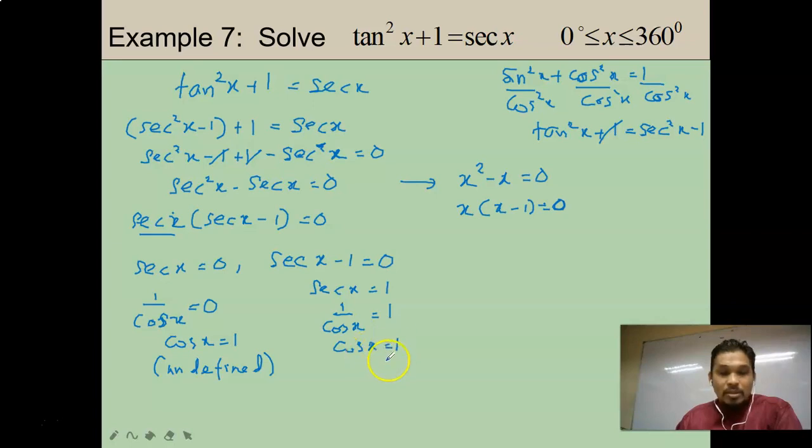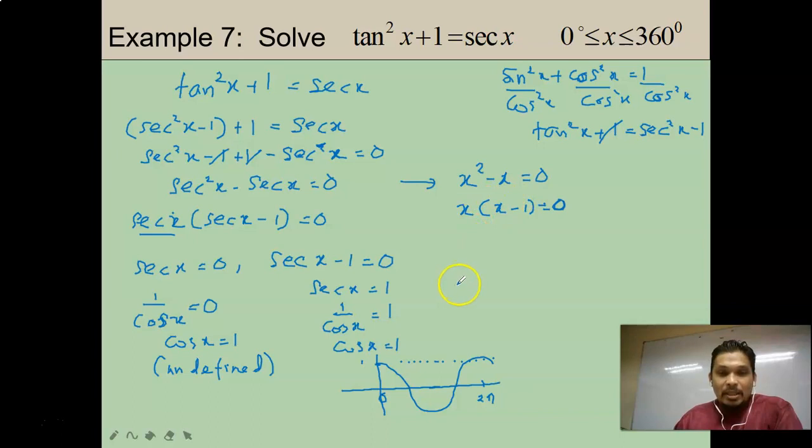So cos x equal to 1, solve by using the graph. Cos begins from 1 here, at 0, pi over 2, pi, 3 pi over 2, and 2 pi.